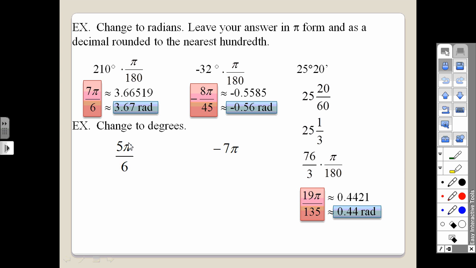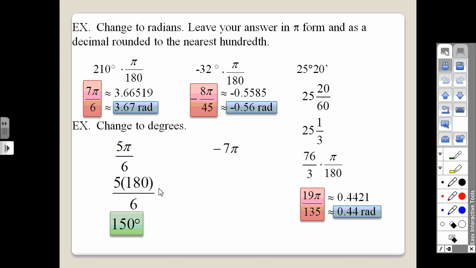When you have an angle in radians that are in pi form, it's really easy to convert it to degrees. All you have to do is replace pi with the equivalent of it in terms of degrees, which is that pi is equal to 180 degrees. So you just replace this with 180 instead of the 3.14, and you'll get your degrees.